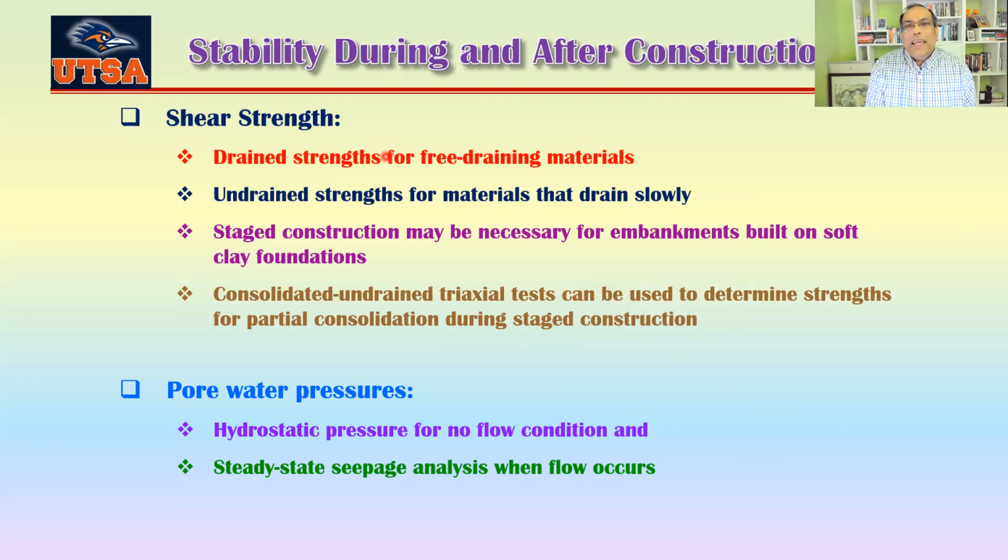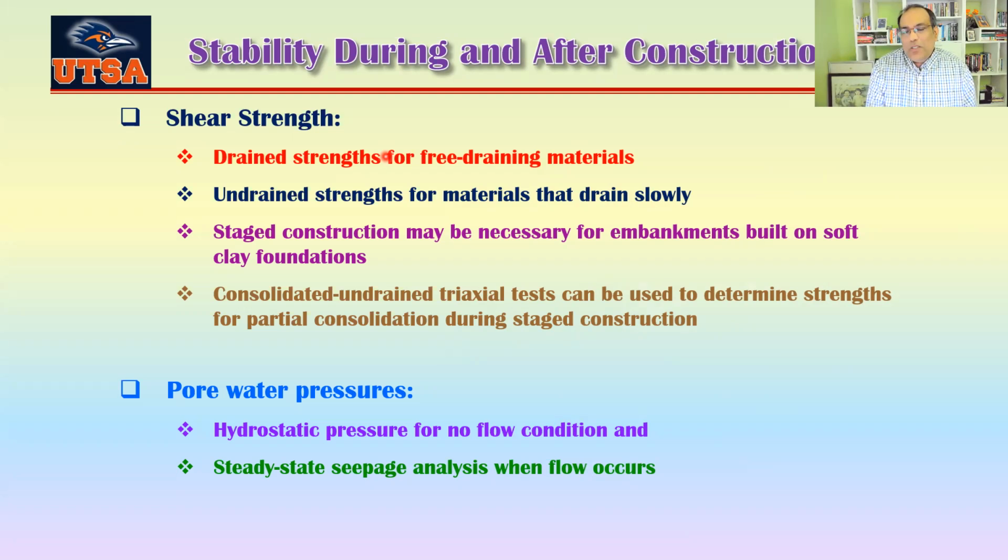Okay, if you see that the soil is going to drain only 50% in that time, then you cannot use the drained strength anymore because that would be a little bit risky. In that situation, you can definitely use undrained shear strength.